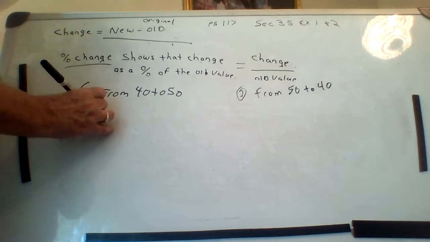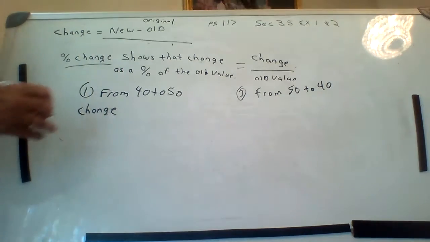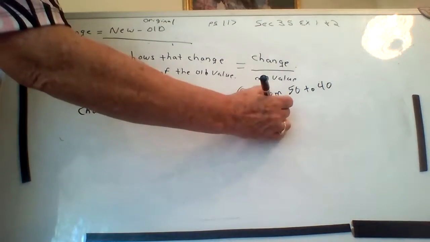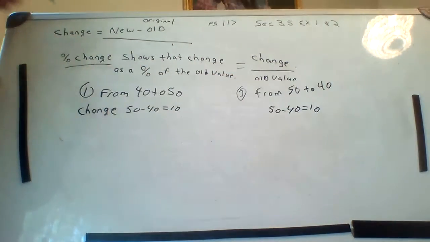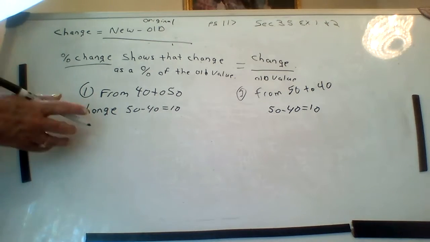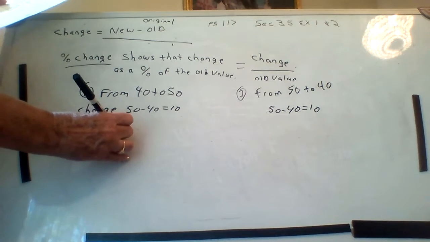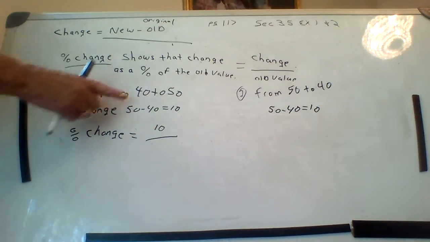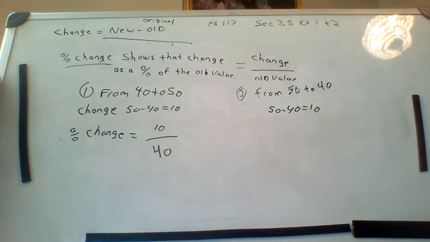All right. Welcome back. Okay, the change is 50 minus 40, which is 10. By the way, it's the same thing here. And the percent change is the change over what we originally started with. We started with 40. And I'm going to do this one here just so you can see my consistency.